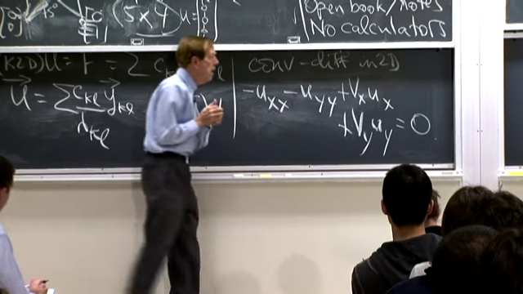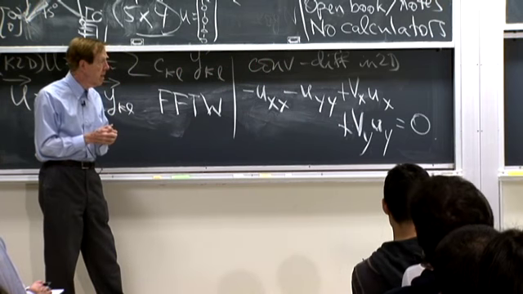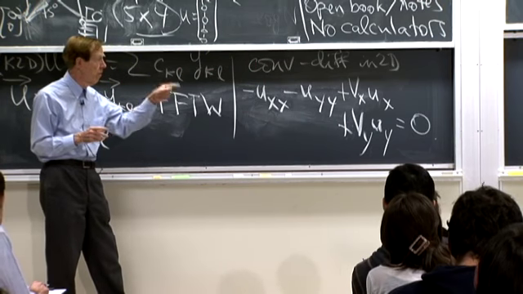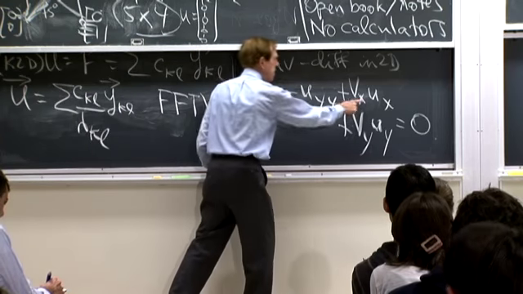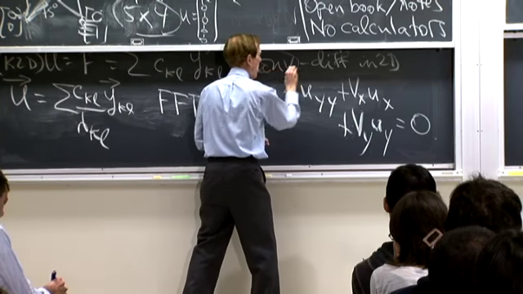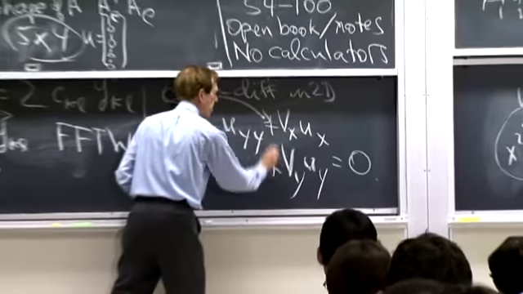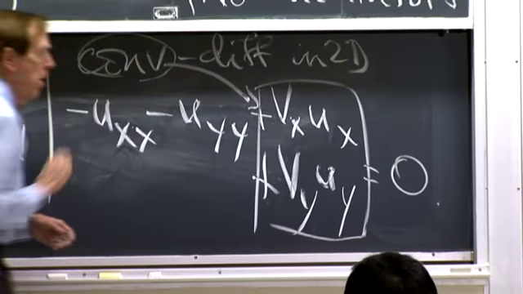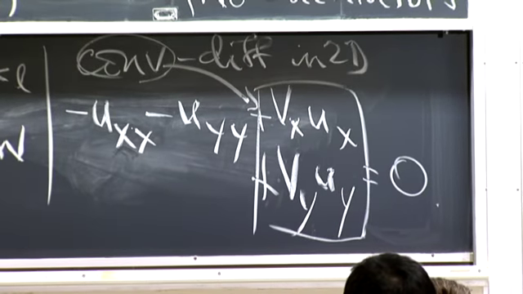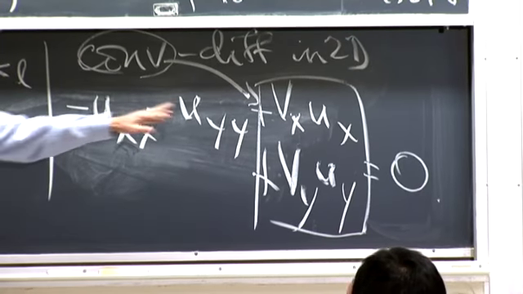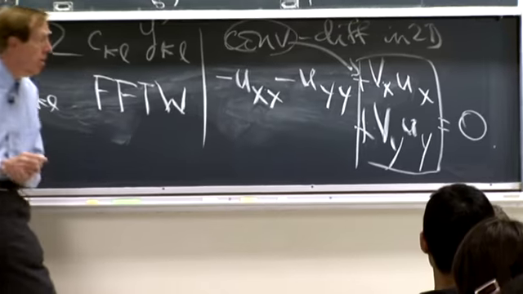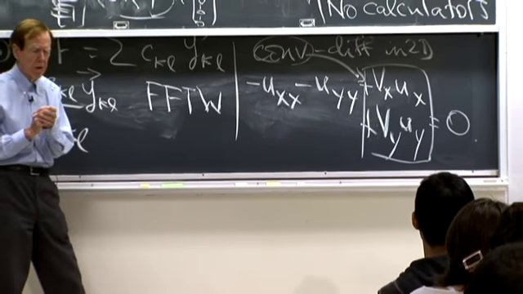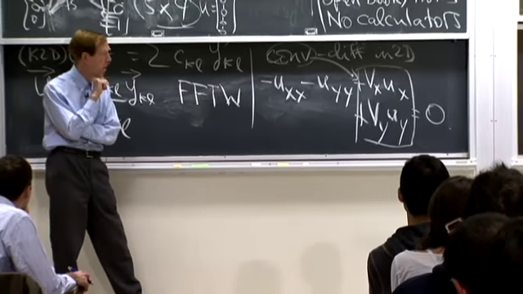Now I'm in 2D, and what would I expect to see? I'd expect to see some trouble when V is large. This is the convection part, and if V is large, then this lower order term is really fighting against the higher order term, so I expect numerical difficulties, just the way we met.